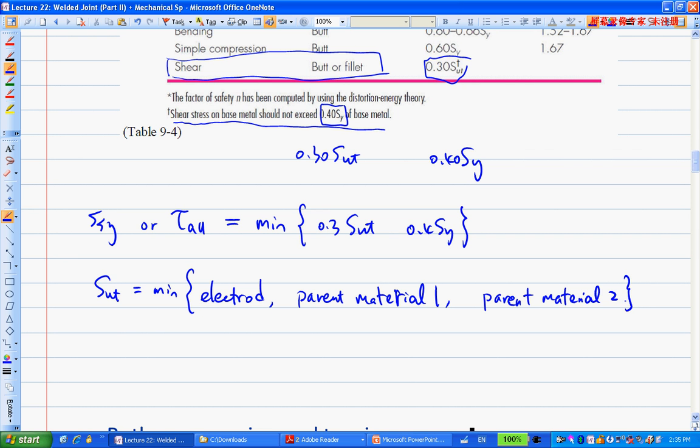That's your SUT. SY is the same thing: SY is also going to be the minimum value of these.